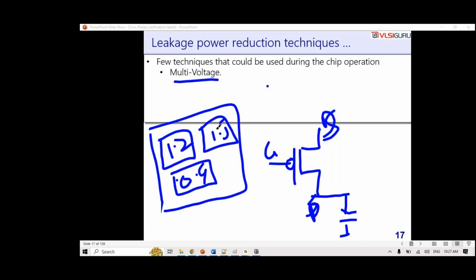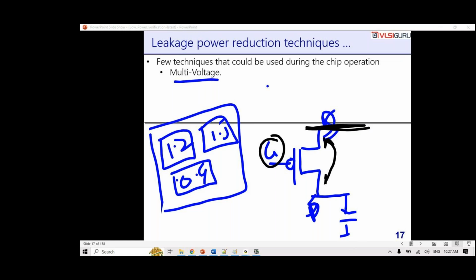Here, all the transistors in this block will be working at 1.5 volts. So when we say 1.2, what exactly is 1.2 referring to? Is it referring to the gate VGS, or the drain to source voltage? Is it referring to the voltage that we are going to apply at the source? What do you think?